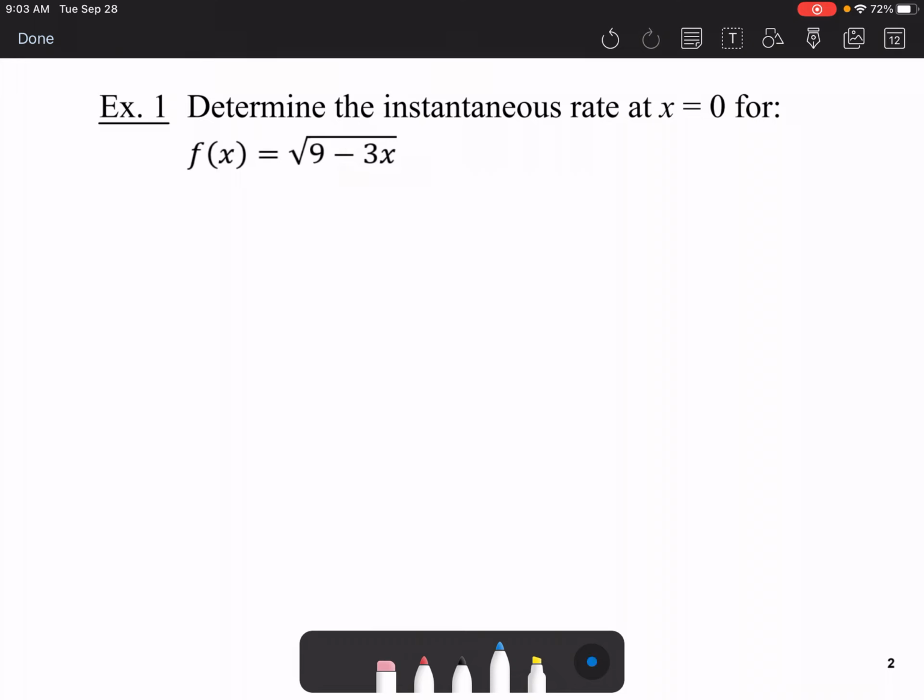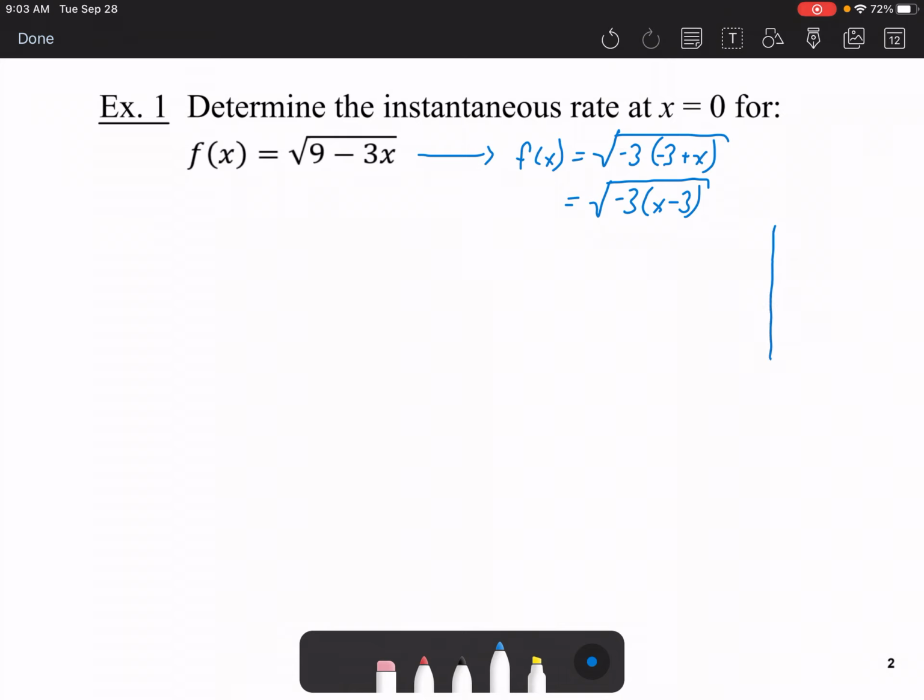First notice that this function can be written as f of x is equal to the square root. I'm going to factor out a -3 here. Or it can also be written as -3 times x minus 3.